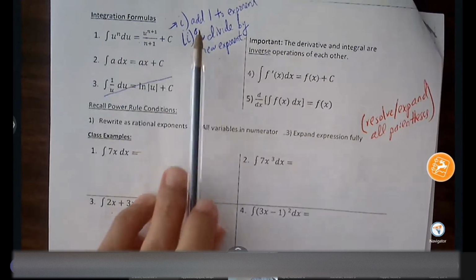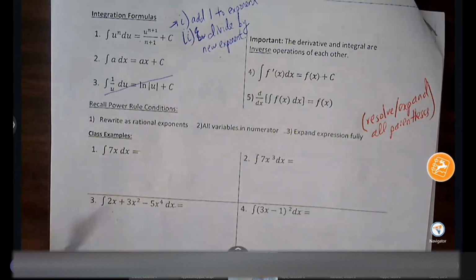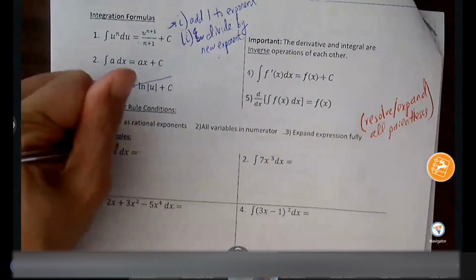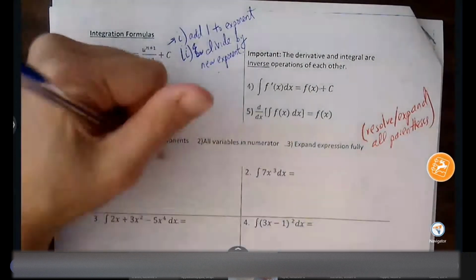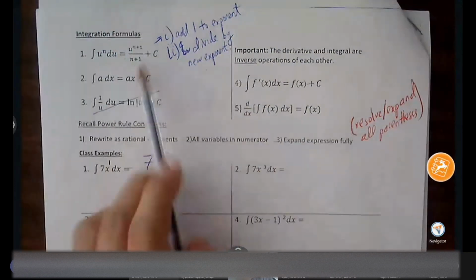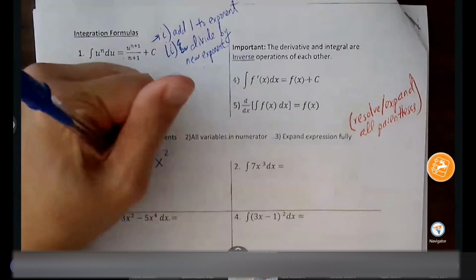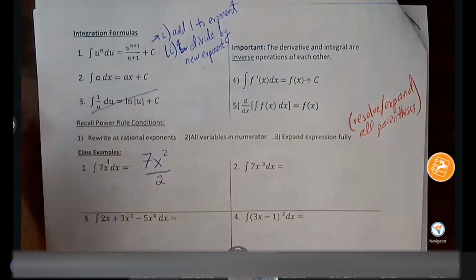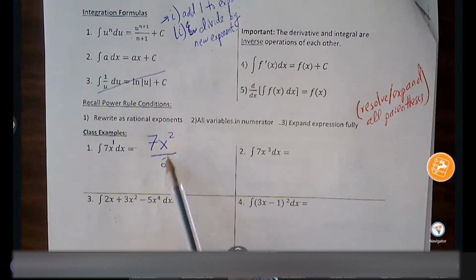So now we jump into our antiderivative rule, our power rule. We add 1 to the exponent. Right now the x is at degree 1, so we add 1 to that exponent. Keep the coefficient. And then we divide by that new exponent. Something to keep in mind visually is these numbers will always match.